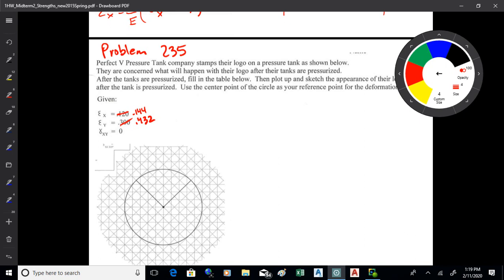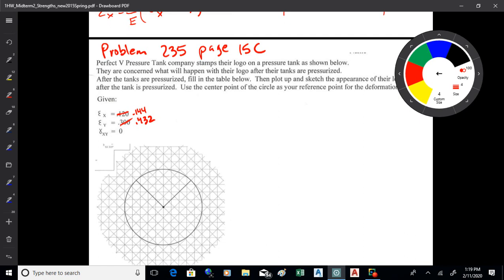Now the numbers there are different, so I would like you to take the numbers we just derived and put them into that problem. So this is problem 235. It's on page 15C. Just cross out epsilon x and epsilon y and put in the new values that we just found for them, if you would.